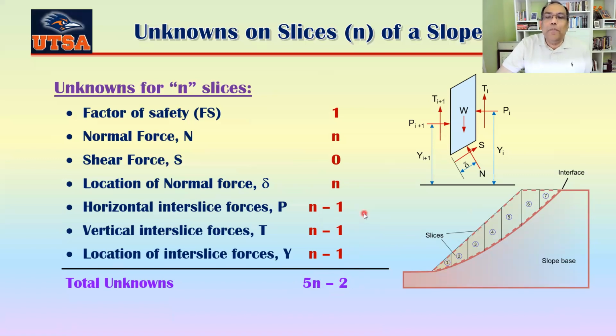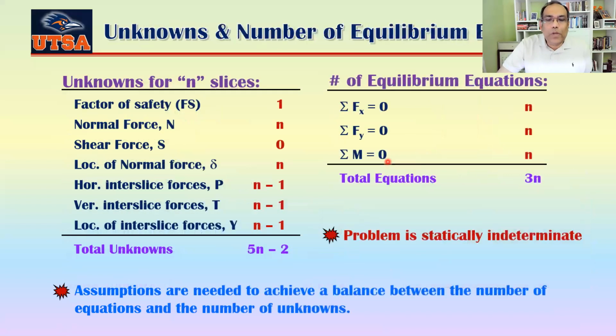Now let's compare that with how many equations we know for n number of slices, okay? You can see here the equilibrium equations: summation of Fx equal to 0, for each of the slices, so you have n. Summation of Fy equal to 0, so totally you have n. Then summation of moment, you have n.